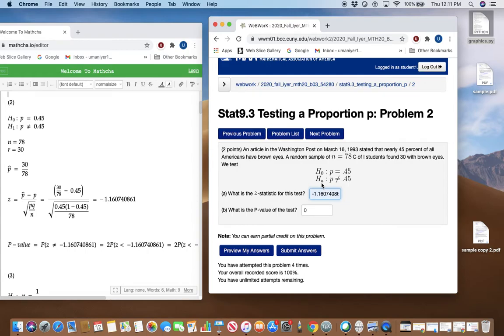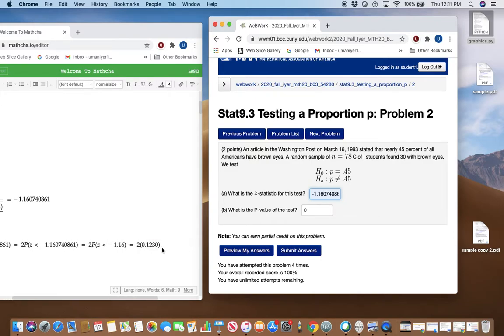Now, your alternative hypothesis is that your null hypothesis is not true, that is P not equal to 0.45. P not equal to, so this is a two-tailed test. So this is 2 times, because Z is negative, I'm taking the left tail. Approximate to 2 digits, 1.16.